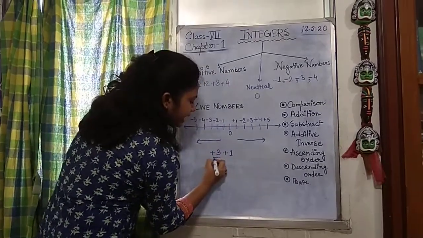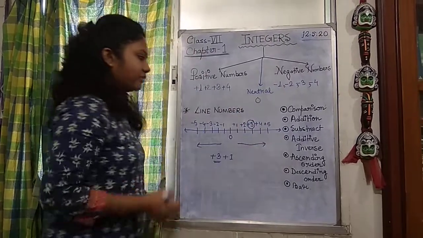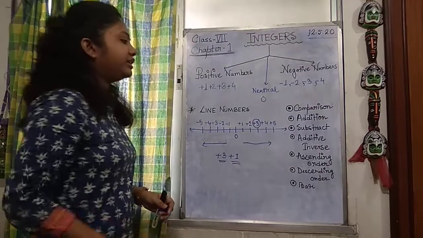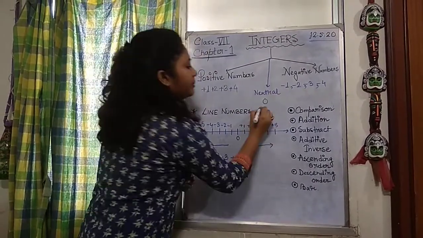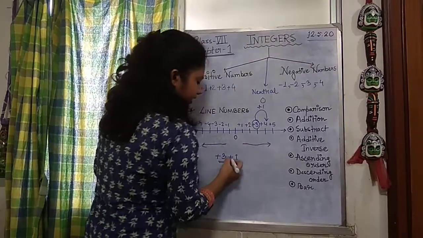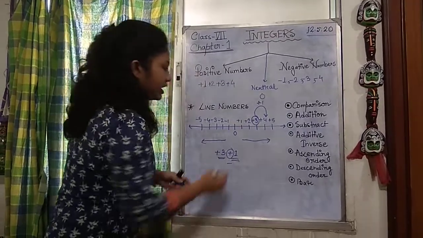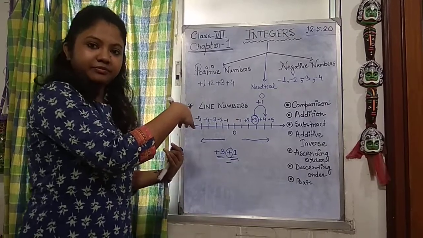So let's say here +3 is situated out here, right? Now when 1 will be added with it, we take a jump. One jump means +1 toward the right hand side, because there is a plus sign. If it had been minus, we would have taken a jump in the left hand side. Understand?